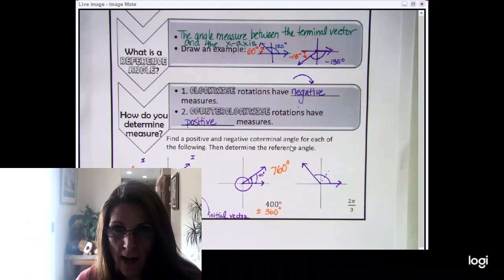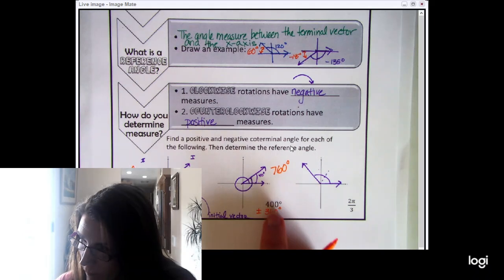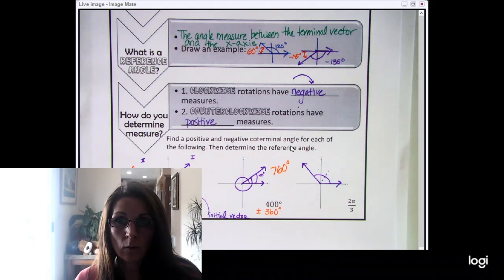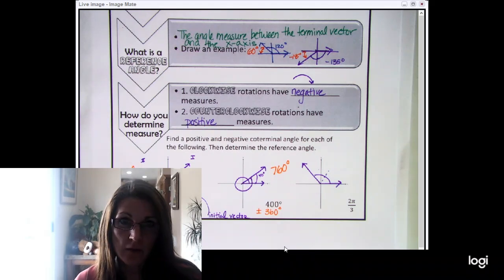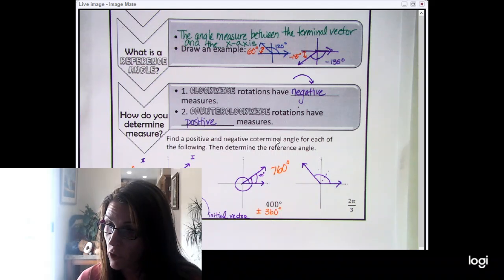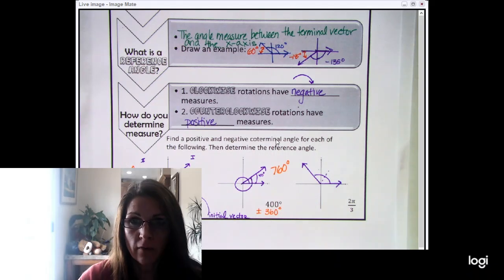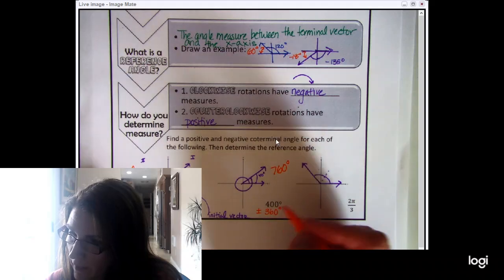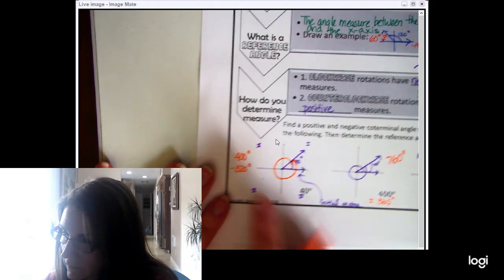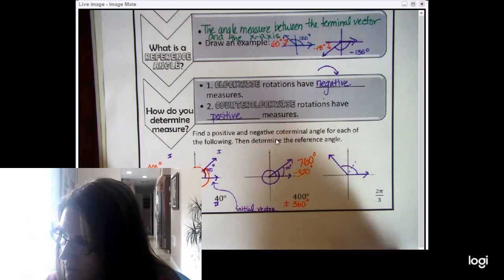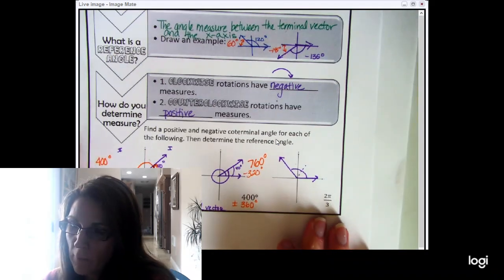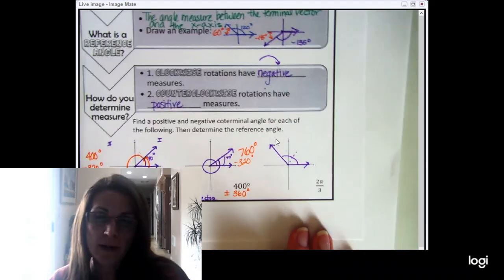Subtracting 360 though, 400 minus 360 gets me to 40, which is another coterminal angle, but is it one that is negative? No. So I need to take away another 360. And we already did that over here. So minus 320 degrees.